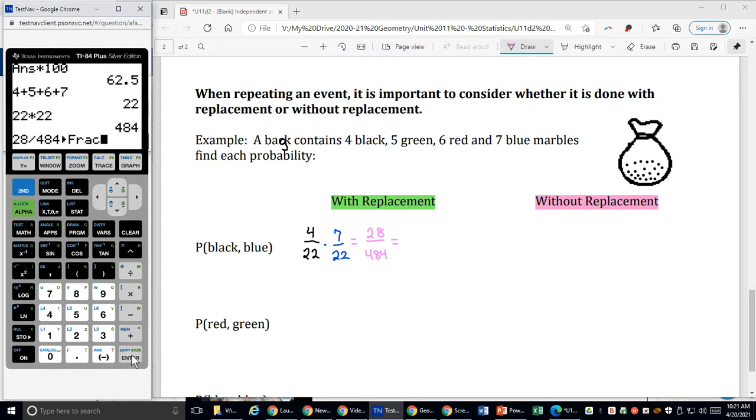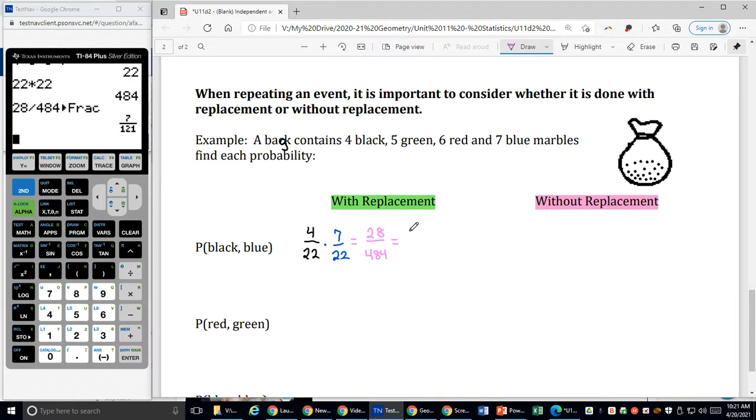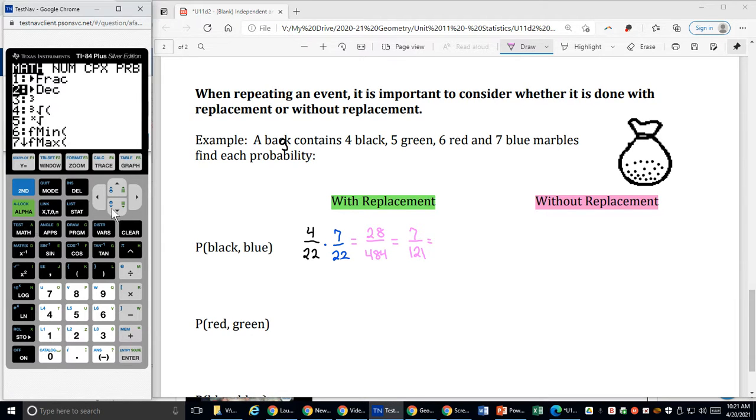Math, fraction, enter. 7 out of 121. Which is, math, turn that into a decimal, multiply it by 100, and I'm just going to round to the tenths place for space's sake, 5.8%.